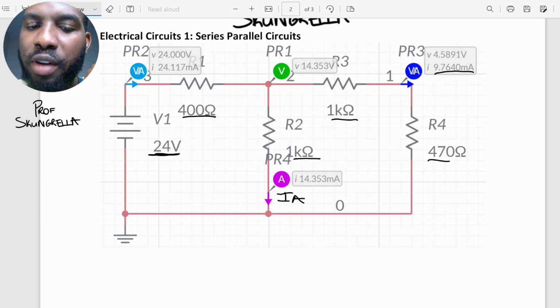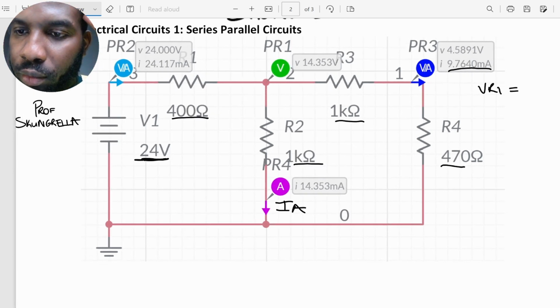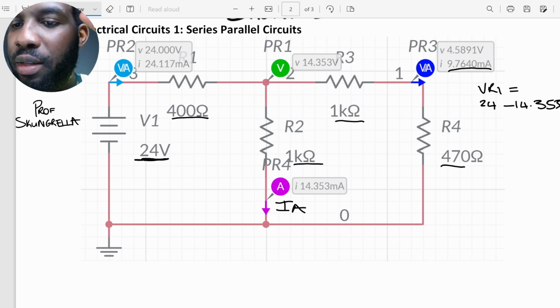So VR1 is going to be equal to 24 minus 14.353, that gives us 9.67647. So this is the voltage drop across R1.